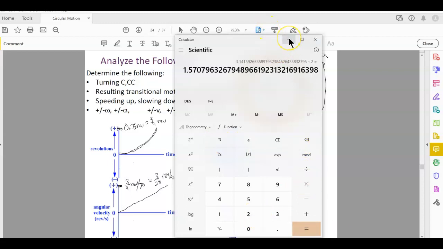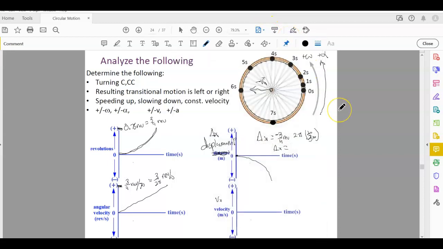So 1.57. So this is going to be 1.57 meters in the negative direction. So that's going to be its displacement. So it's going to get to here, which is going to be negative 1.57 meters.